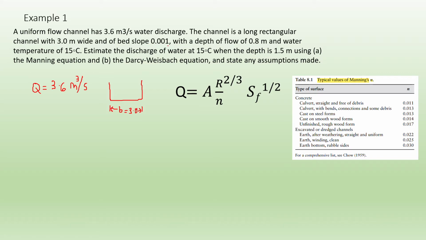And a bed slope equal to 0.001. The bed slope is S naught, and in uniform flow, we know that S naught is also equal to the friction slope.